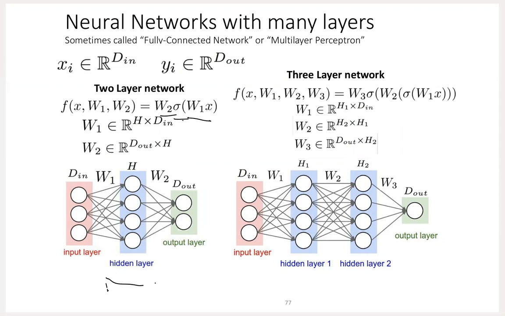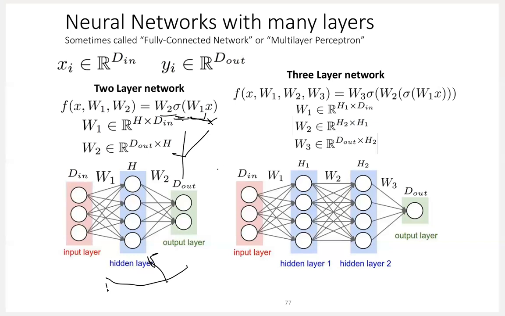For example, if I have a model like this with one hidden layer, I have X here as a vector multiplied by W1, and then I apply an activation function, this nonlinearity. Maybe I can use ReLU, which is popular. Hopefully you still remember what ReLU is: the output is equal to the input when the input is bigger than or equal to zero.